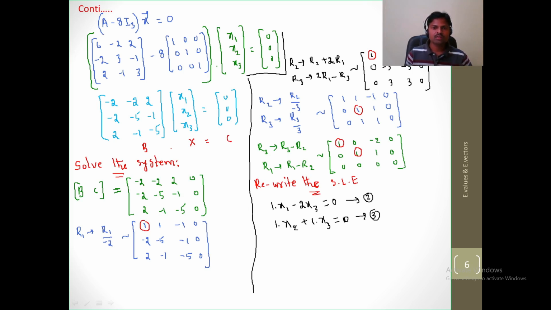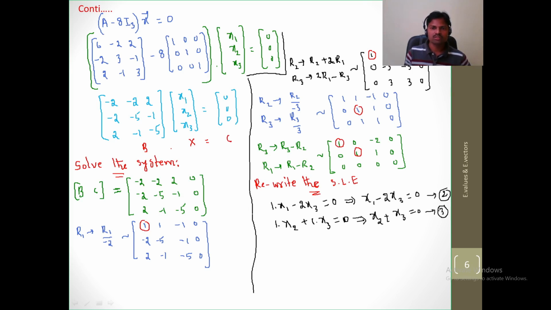Let's simplify: the first equation implies x1 minus 2 times x3 is equal to 0, number 2. From the second equation, x2 plus x3 equal to 0, number 3.